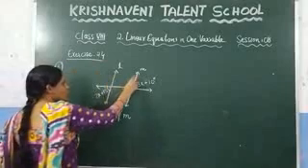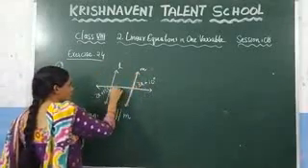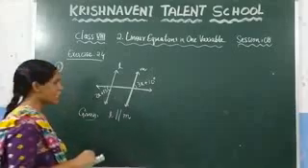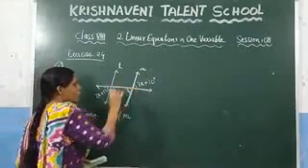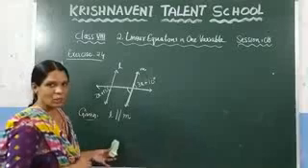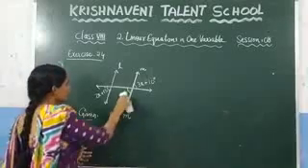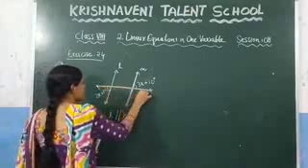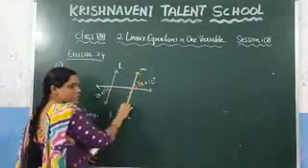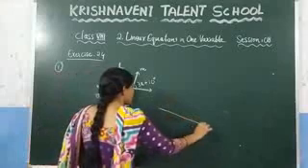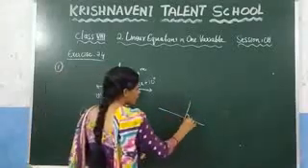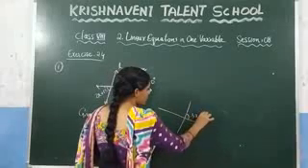Here, you can observe that this line and this line are intersecting lines. If these two lines are intersecting lines, what do we call these angles? We call them vertically opposite angles. If you consider this line and this line, these two lines are intersecting, so it is like this. This angle they have given as 3x plus 10.